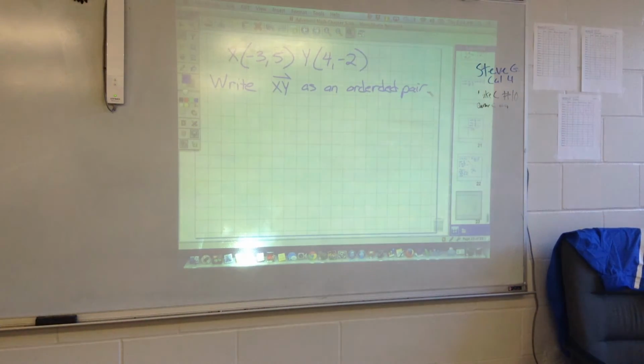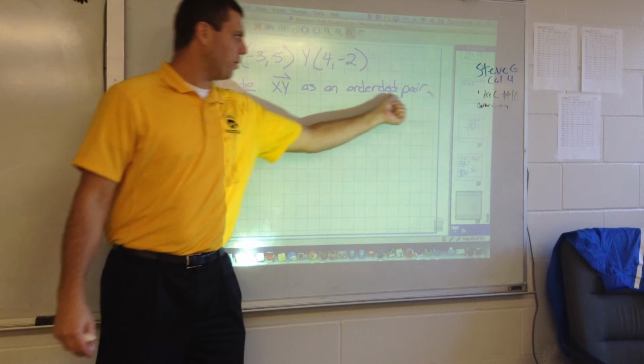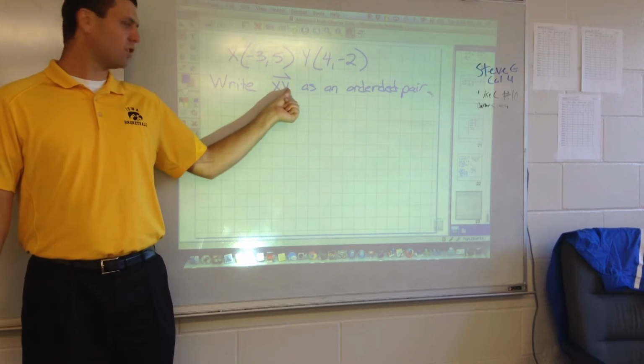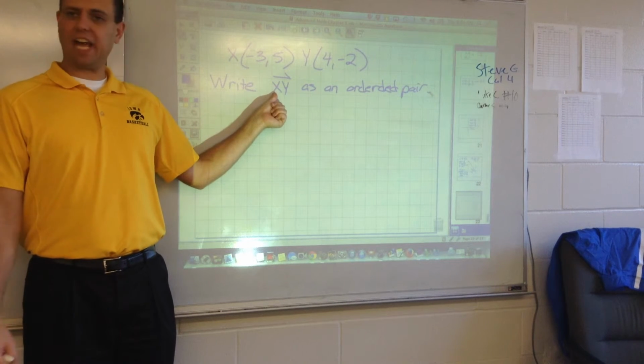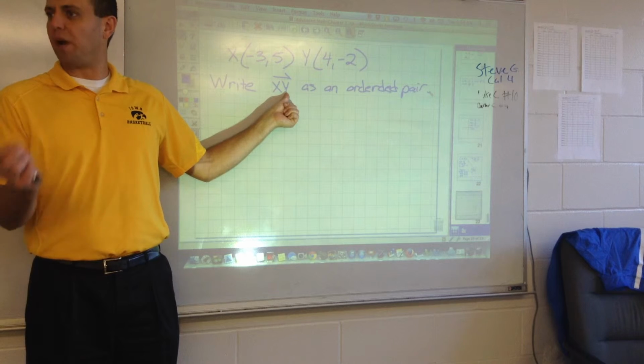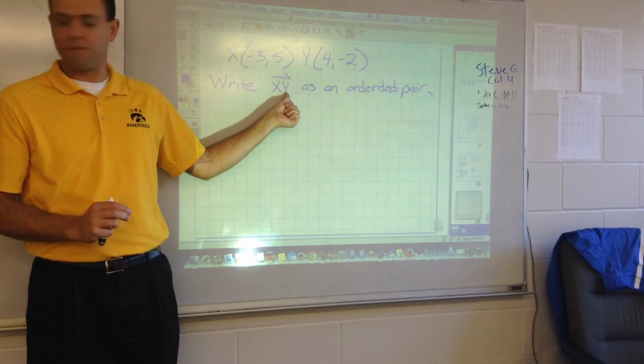Some of you are going to find this very simple. Write vector xy as an ordered pair. If they use this notation, xy, that means x is the starting point of the vector, and y is where the tip of the arrow, or the end of the vector, would be.